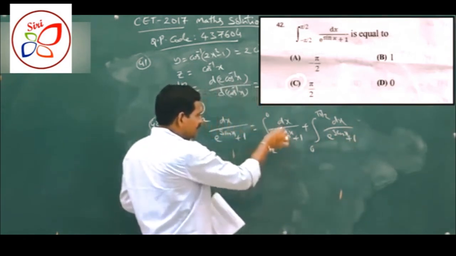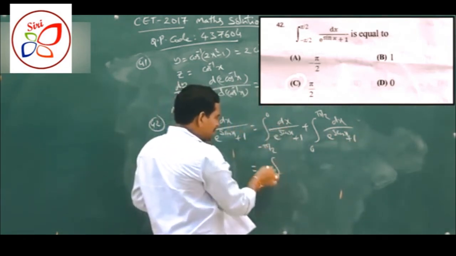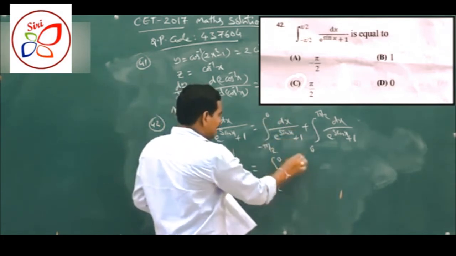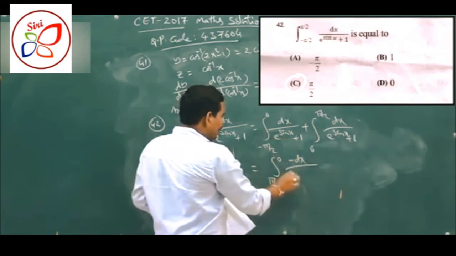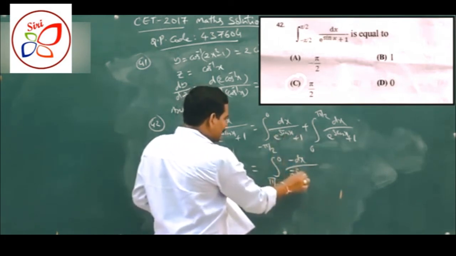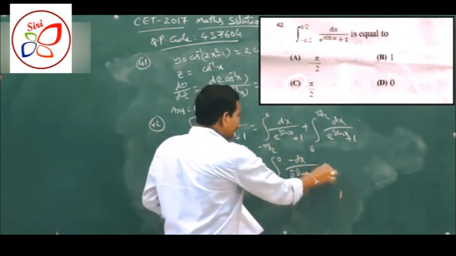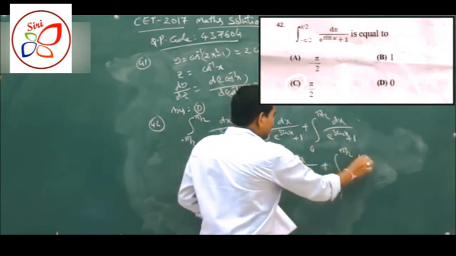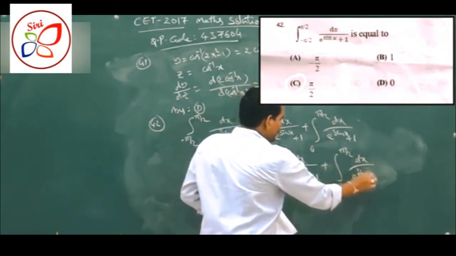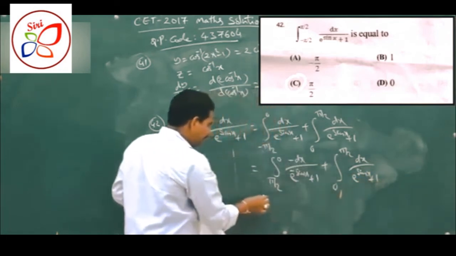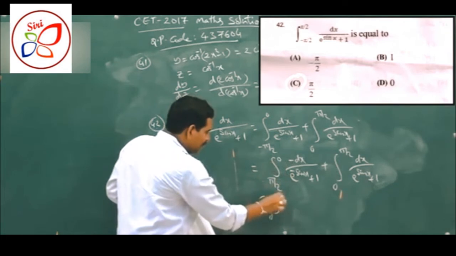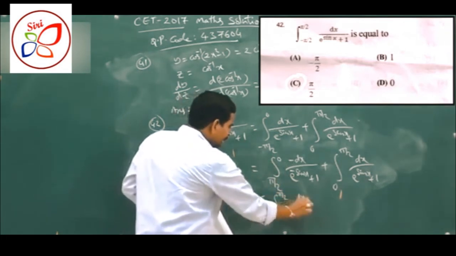In the first function, replace x by minus x. This becomes plus pi by 2 to 0, minus dx by e power sin of minus x, which is minus sin x plus 1. Second one as it is, 0 to pi by 2 dx by e power sin x plus 1. Adding these two intervals, it becomes integral 0 to pi by 2 dx.